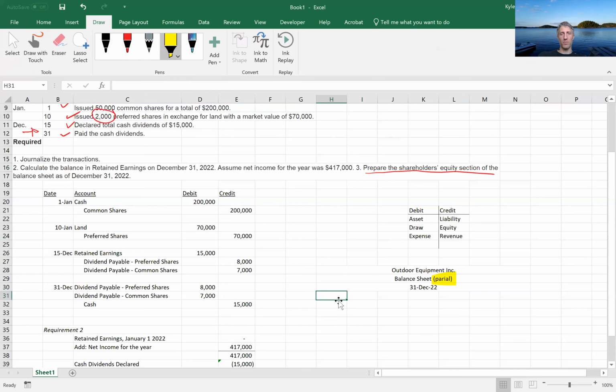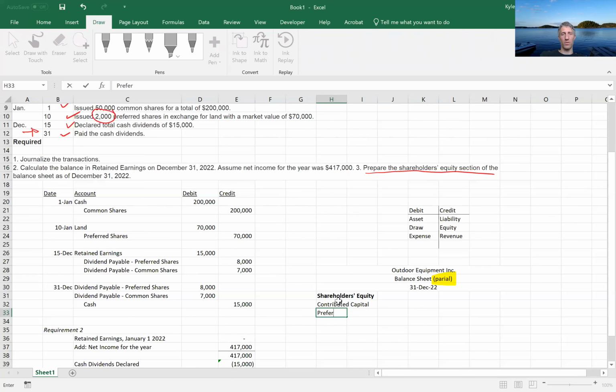But we should be comfortable with using headings and subheadings. So I'm going to start at the shareholders' equity section of the balance sheet. And I'm going to use another subheading called contributed capital. So this is going to be the shares that they issued through the year. What did they issue? Well, they issued preferred shares.